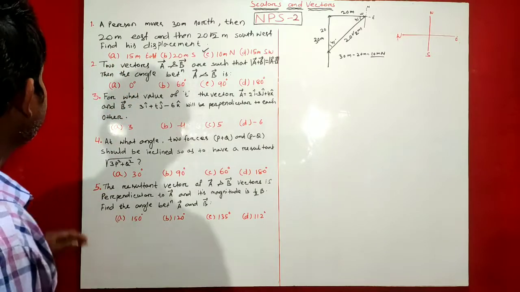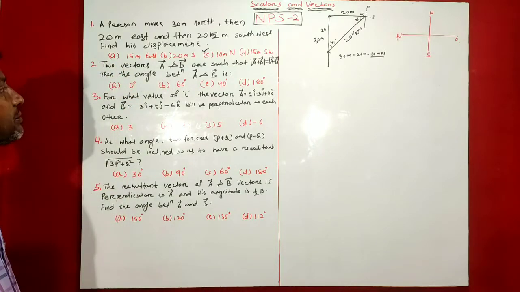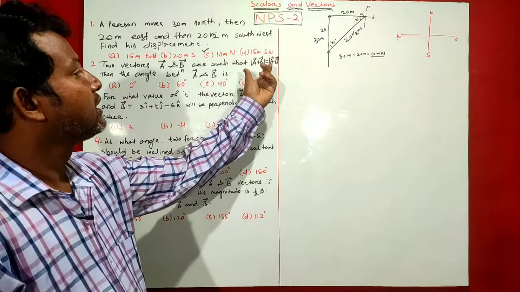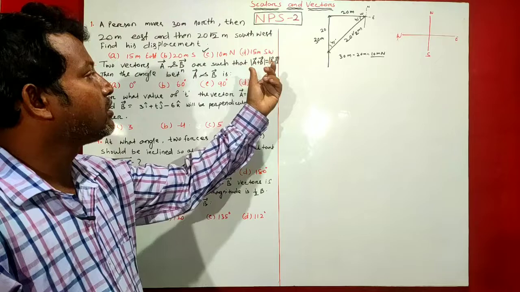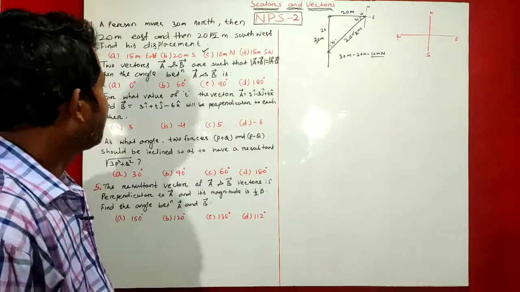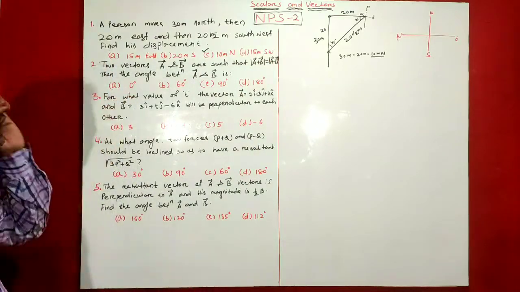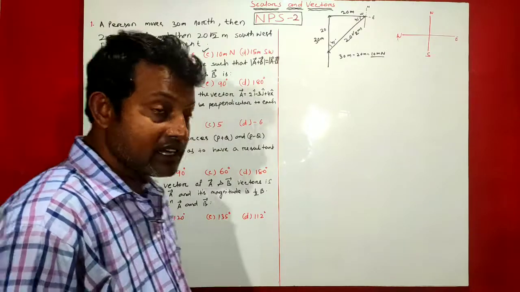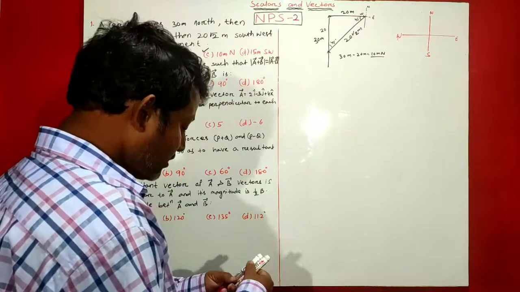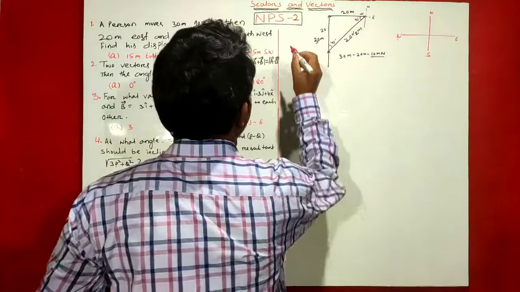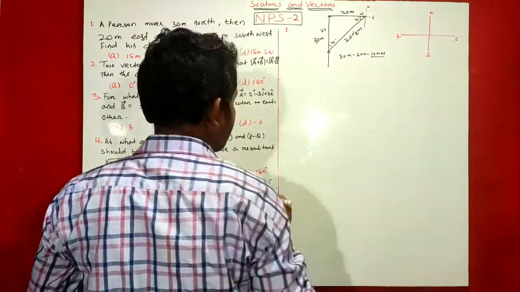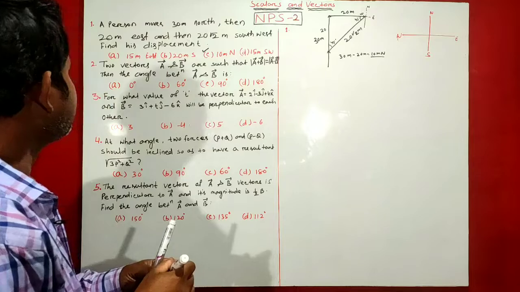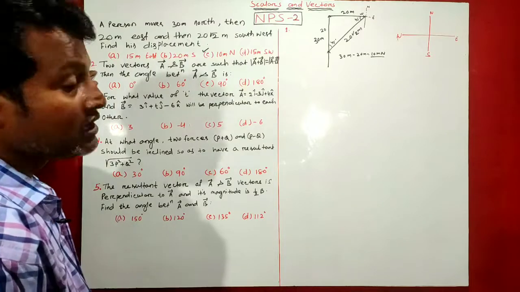Next, two vectors A and B are such that the magnitude of A plus B is equal to the magnitude of A minus B. Then the angle between A and B is? Guys, first I am going to understand only by the visual method.